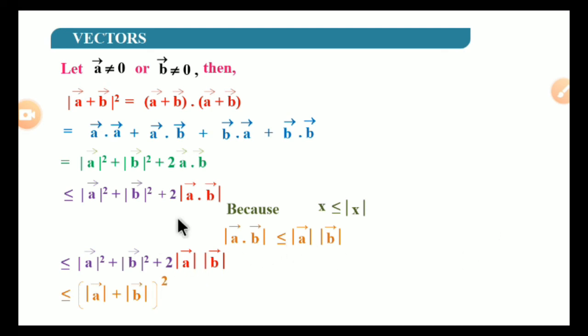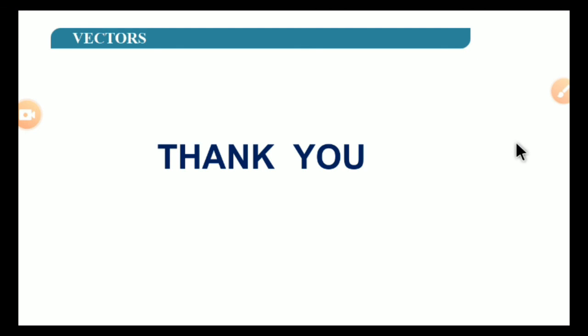So this is the proof of this identity. That implies the magnitude of A plus B is less than or equal to the magnitude of A plus the magnitude of B. Thank you.